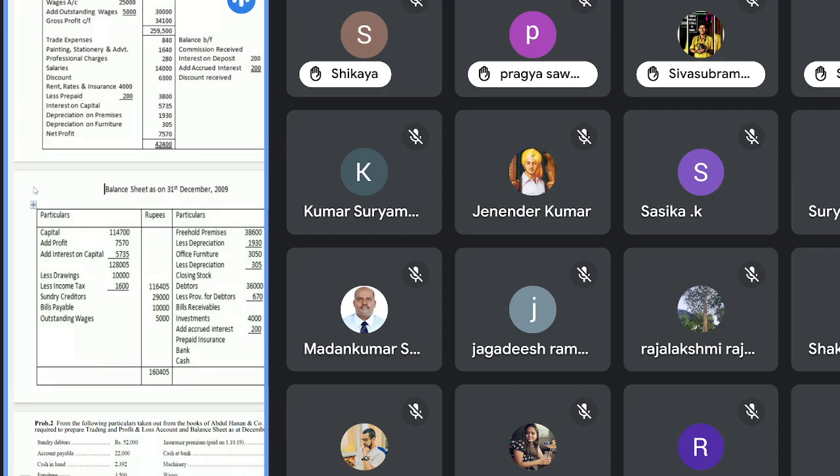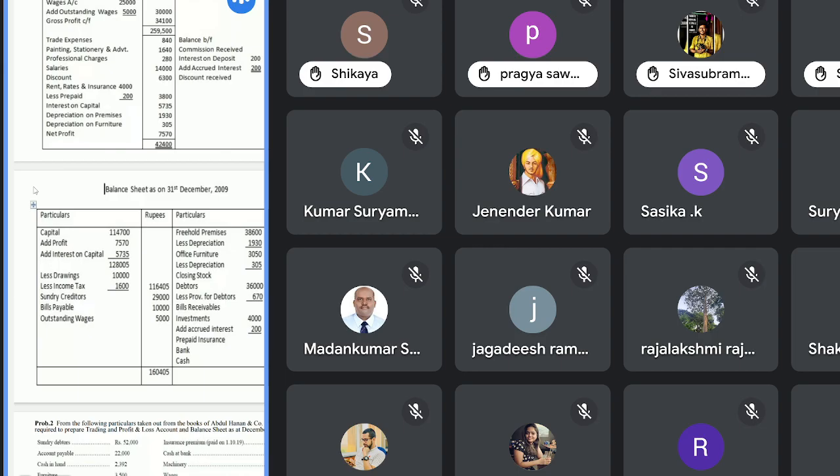You have to add net profit and deduct drawings, that will be the closing capital, right? So net profit 7,570 you have to add. And not only that, you have to add interest on capital also. Suppose there are drawings and interest on drawings, you have to deduct them from the capital. That will be the closing capital or adjusted capital, right? That you have to write in the outer column, right?